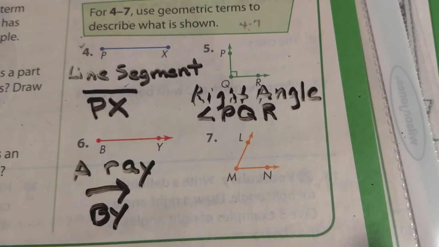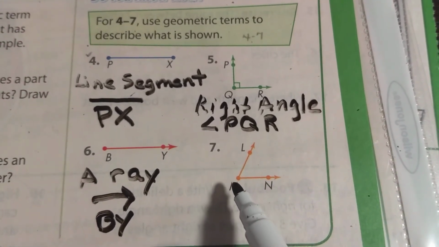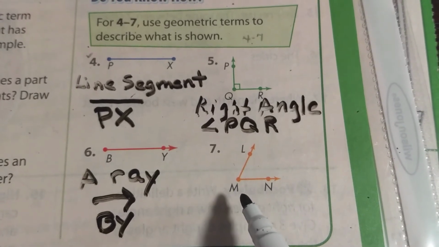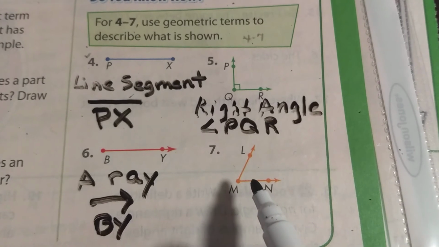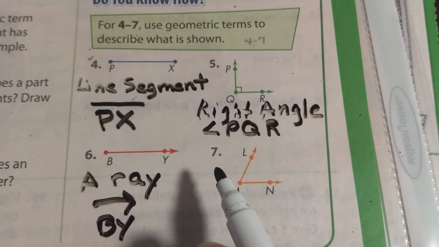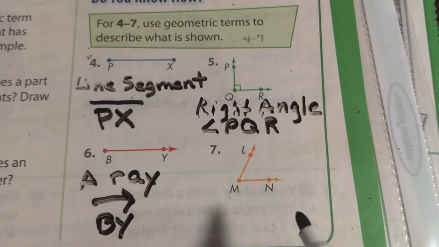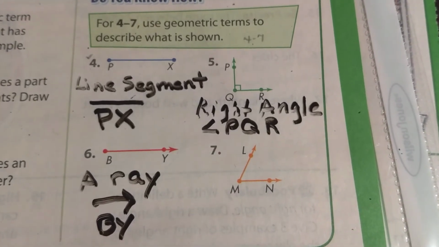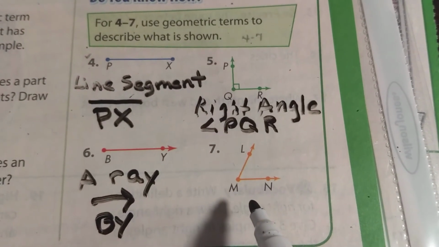Okay, the last one. I have 2 rays joined here with an endpoint, which means it's an angle. Is it an obtuse angle or is it an acute angle? Remember, obtuse means open wide, right? Open O and obtuse. This is an acute angle. So it's smaller, like an A laying on its side, right? If you think about it, it looks like an A laying down on its side. Okay, acute.